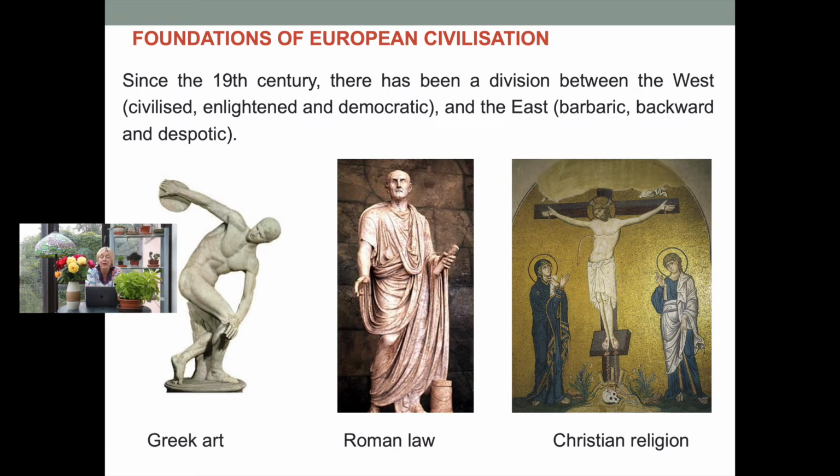So Christian morality especially. Again, this has been challenged. Some people still see it as the grounds of all European civilization. This is something that you have to consider, especially if you do not agree with it.